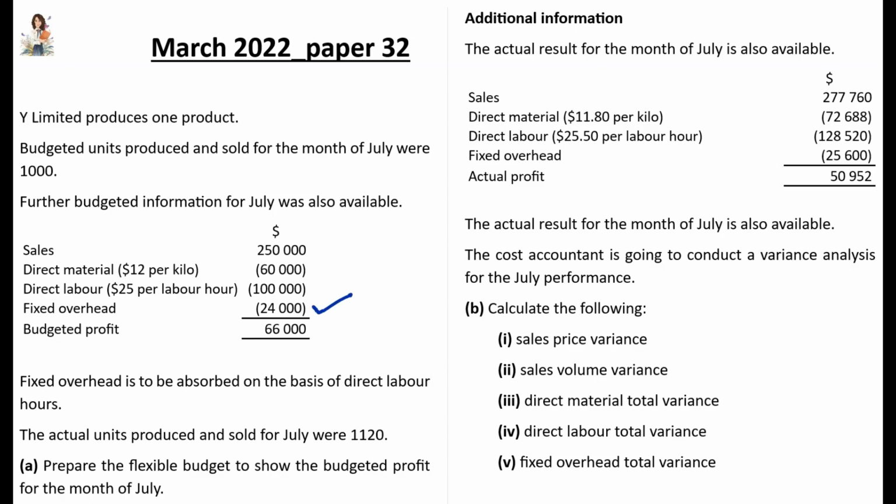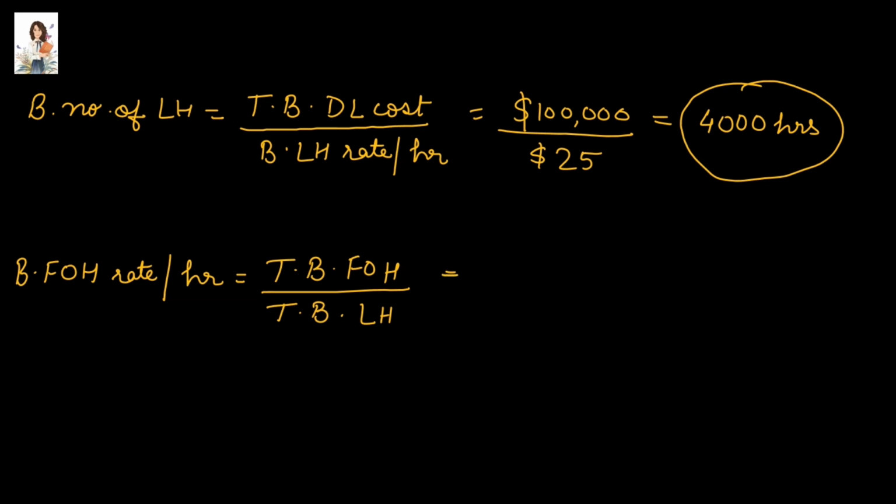Budgeted fixed overhead is $24,000. So budgeted fixed overhead rate per hour is $24,000 divided by budgeted number of labor hours, which is 4,000. We have already found that out. Therefore, the budgeted fixed overhead rate per hour is $6.